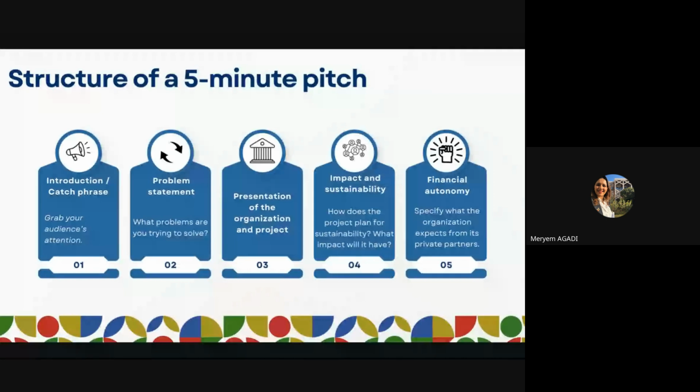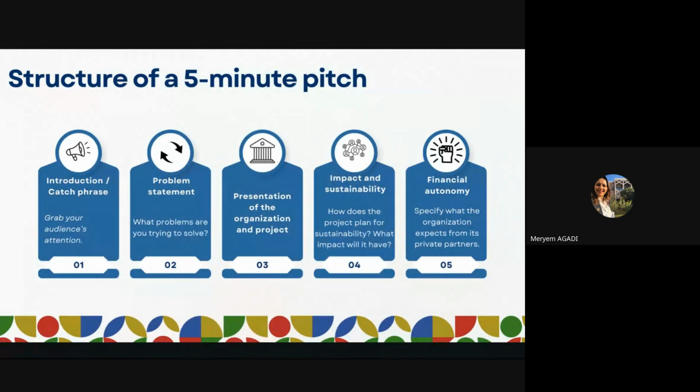The second part is the problem statement. Here you have to explain simply and clearly what problems you are trying to solve, in which area. The third part, which is very important, is to present your organization and your project.